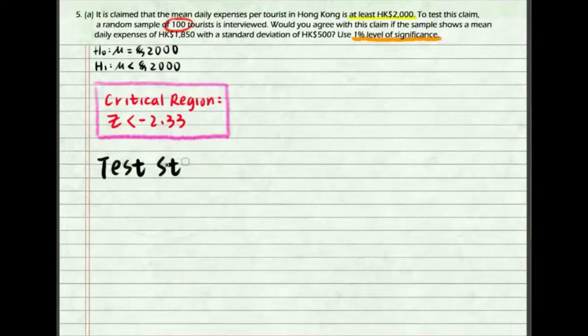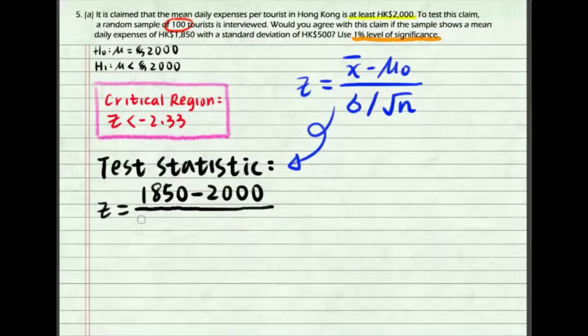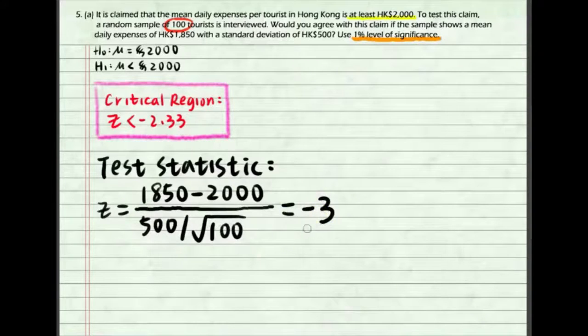To find the value of the test statistic, we can substitute the numbers into the formula. In this question, z equals 1,850 minus 2,000 over 500 over the square root of 100, and it equals minus 3.